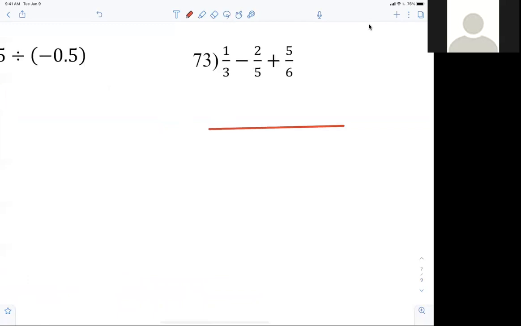So I have to do 15 for the... Well, 6 doesn't go into 15. 30. 30, there you go. So the first fraction is gonna be a what? What am I multiplying by? 10. Right? Second one's gonna be 12.